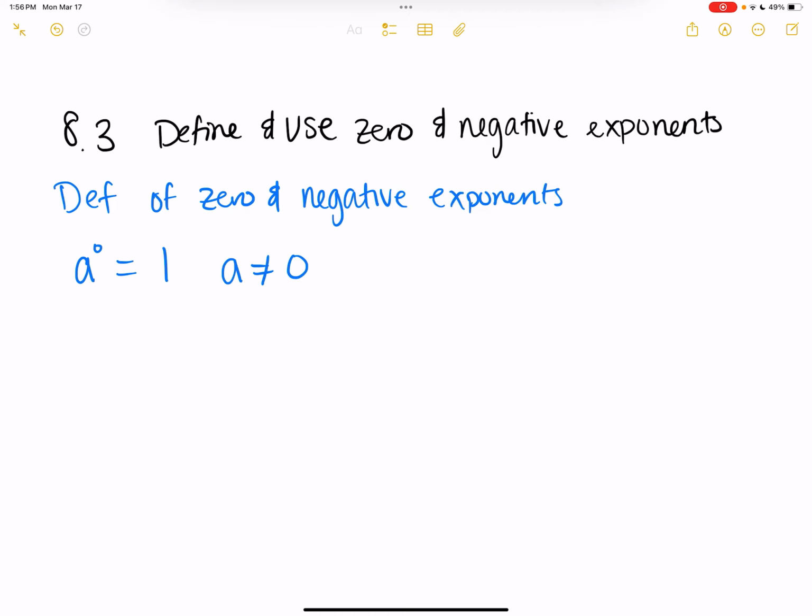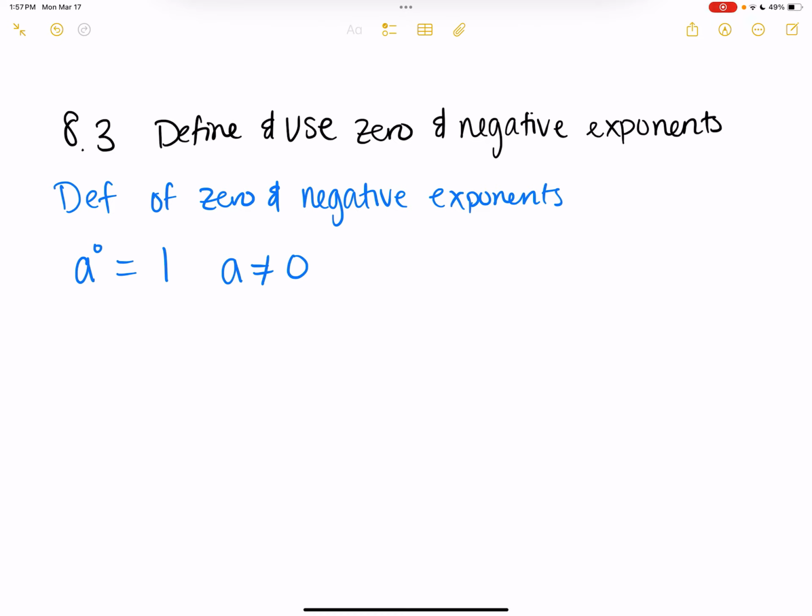Negative 50 raised to the 0 is 1. It does not matter what the number is. If it is ever raised to the 0 power, you put 1. I can pretty much guarantee on your quiz, there will be a problem that is a number raised to the 0. So give me all the points. It equals 1. Okay? Nice and easy.